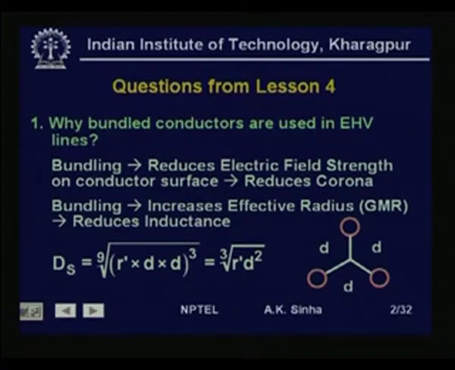The answer is that bundling of conductors, that is, instead of using one single conductor, using a number of conductors connected by conducting frames, reduces electric field strength on the conductor surface, which in effect reduces the corona losses, which result in power loss as well as radio interference and audible noise in the system.